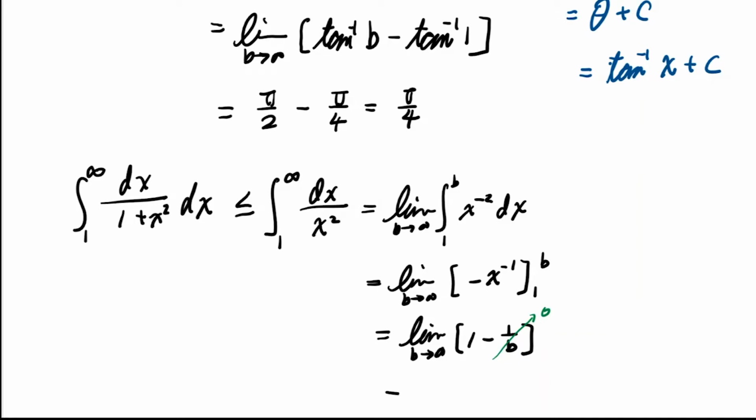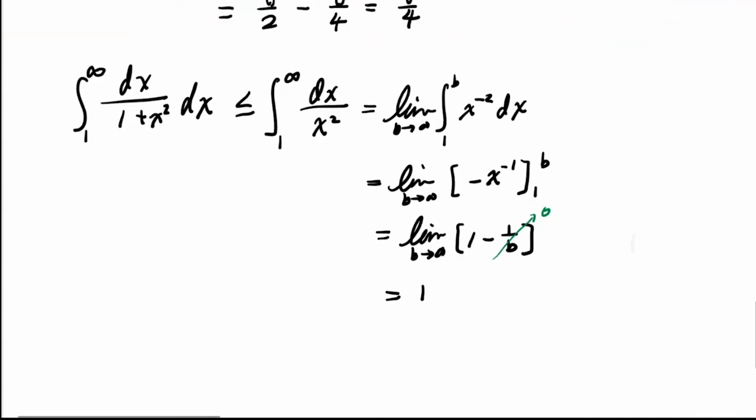So what we have is 1. So what do you have here? This integral, which just happens to be pi over 4, is less than or equal to 1. So this given integral is convergent. You get it? And the upper bound is 1. Remember, this is about 3/4. That's amazing, isn't it?